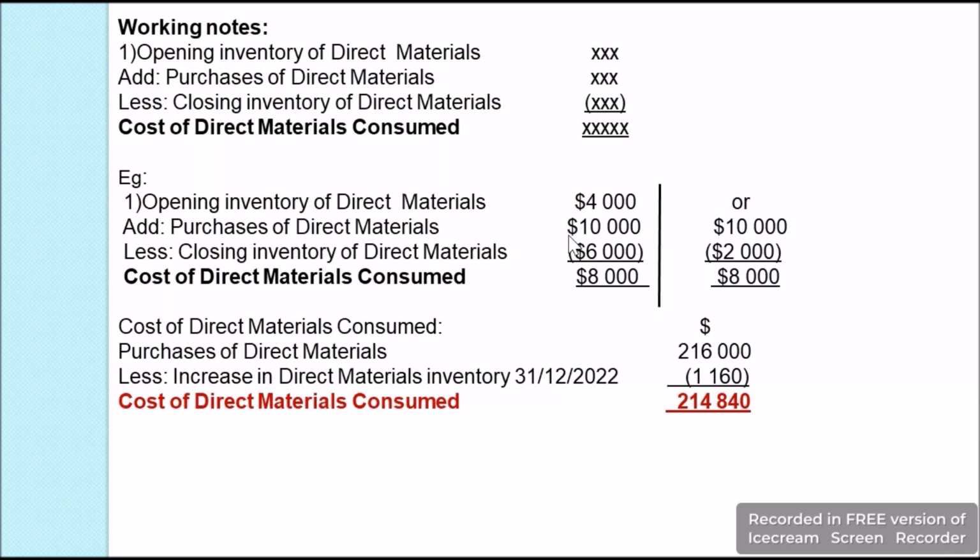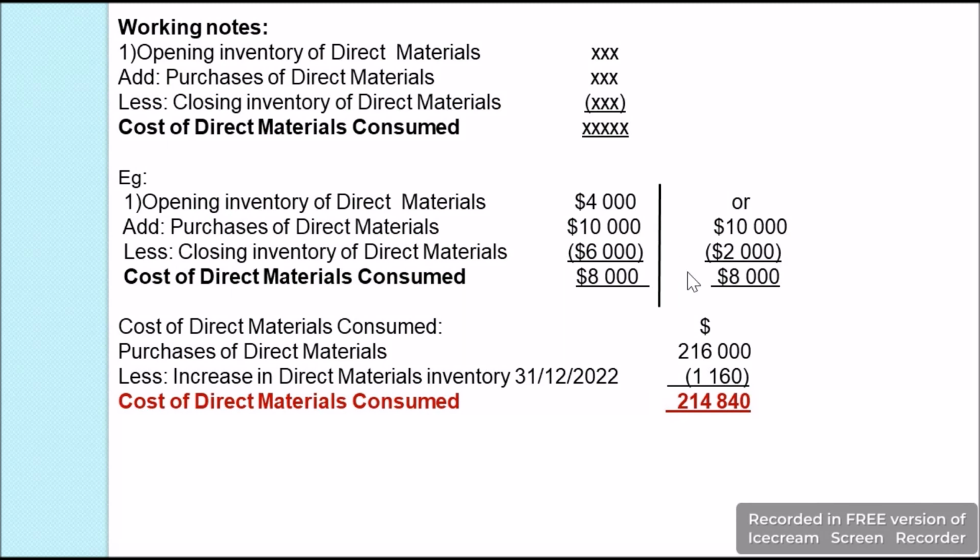We just have the purchases as $10,000, and the increase in the closing inventory of direct material, which will be $2,000, because the opening inventory is $4,000 and the closing is $6,000. So the increase is $2,000. We take the $10,000 and subtract this $2,000, which is the increase in the closing inventory.